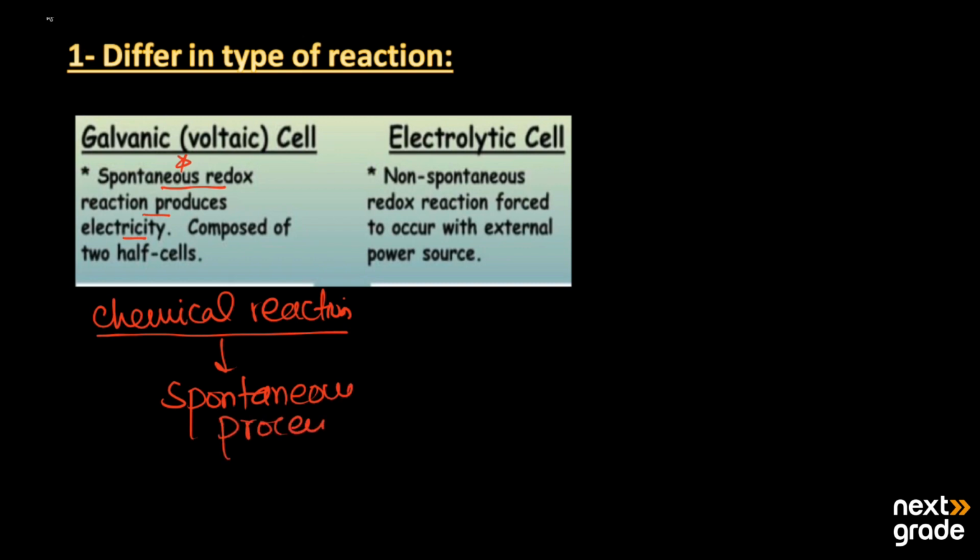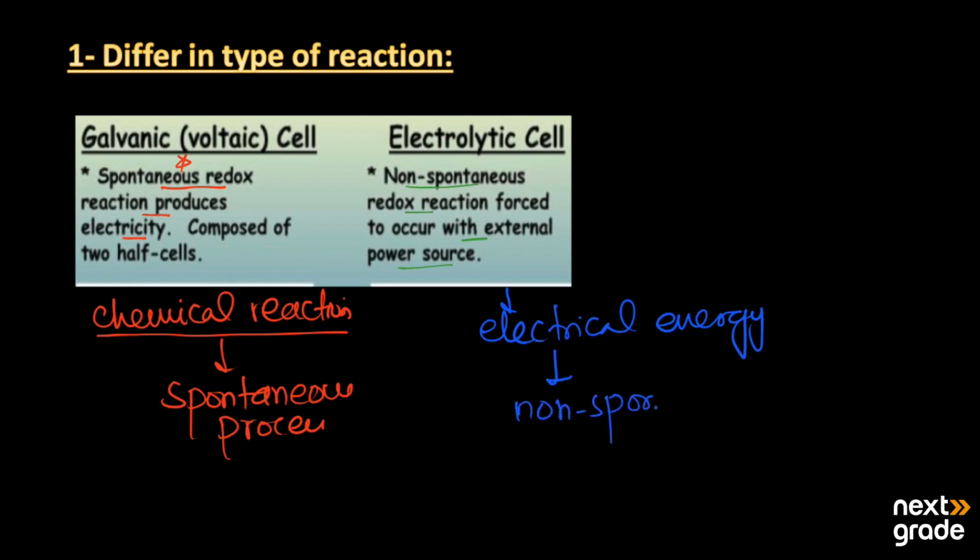But on the other hand, in the electrolytic cell we have a non-spontaneous redox reaction forced to occur with an external power source. So here we need electrical energy or a power source from outside. So in the galvanic cell the reaction type is spontaneous, and in the electrolytic cell the reaction type is non-spontaneous.